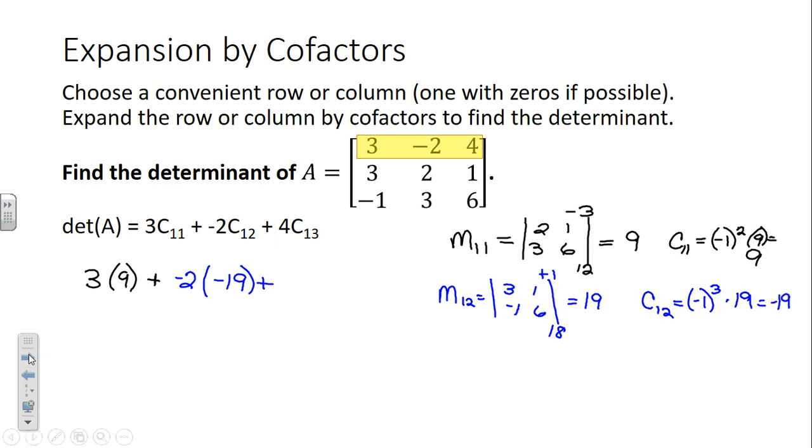Now we've got to take 4 times the cofactor for row 1, column 3. Okay, so what's the minor for row 1, column 3? What determinant will help us get that? What should the values be?